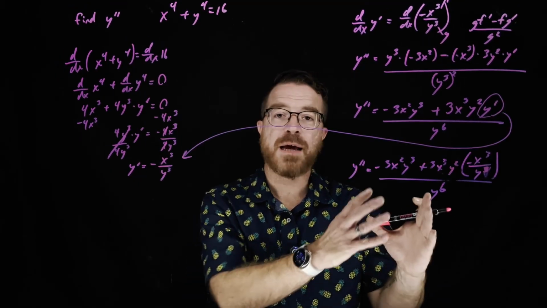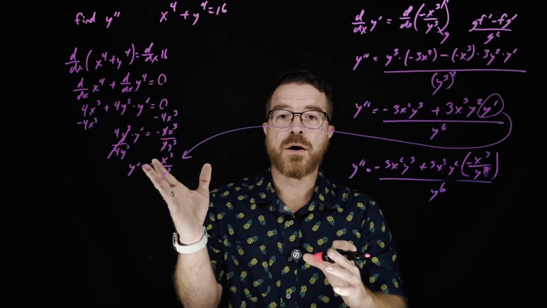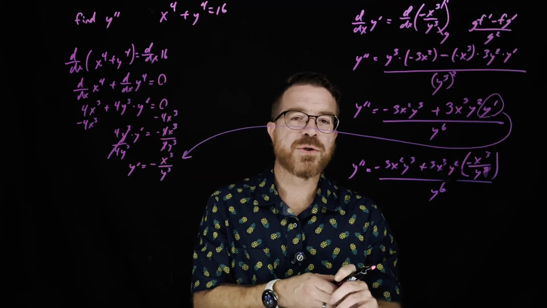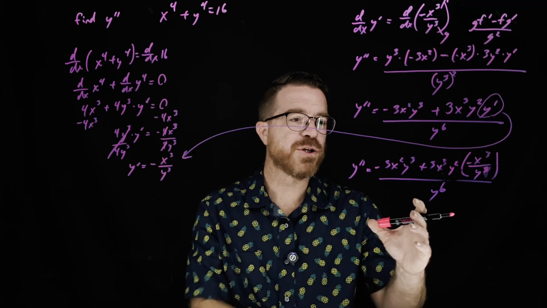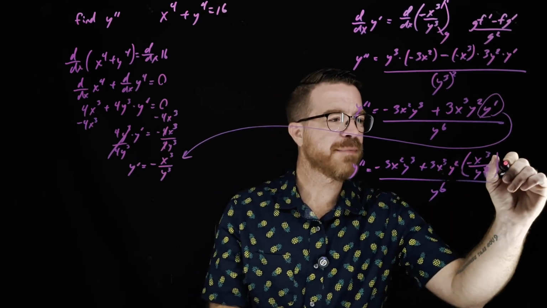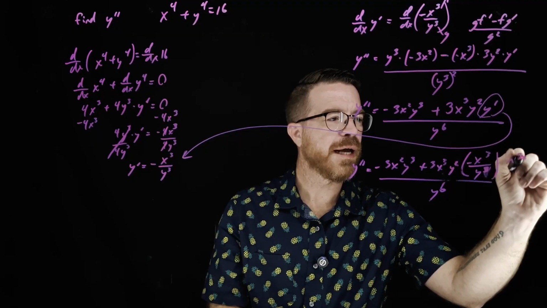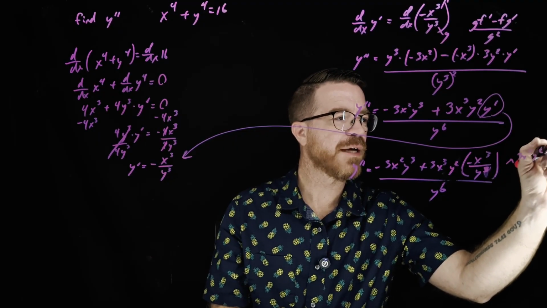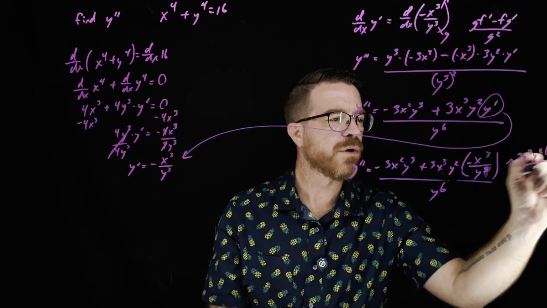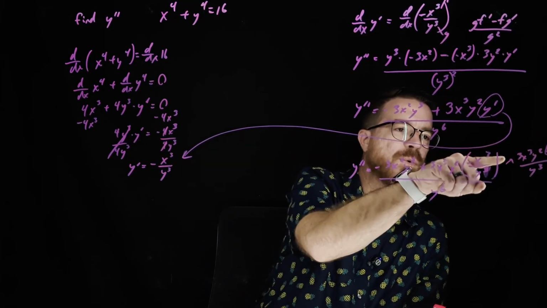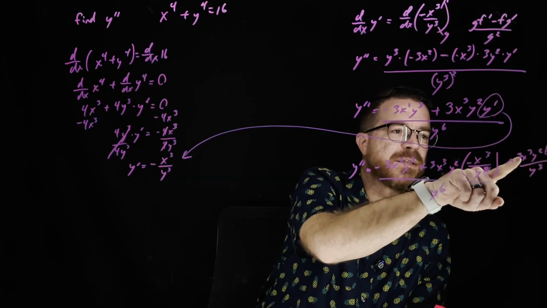Now that we have substituted in our y prime as negative x cubed over y cubed, I'm going to simplify this a little bit. So first thing I'm going to do is, if I think about this, this term here is the same thing as saying 3x cubed y squared times negative x cubed over y cubed. So in this case, I'm going to bring the negative forward. I'm going to bring the x terms together.